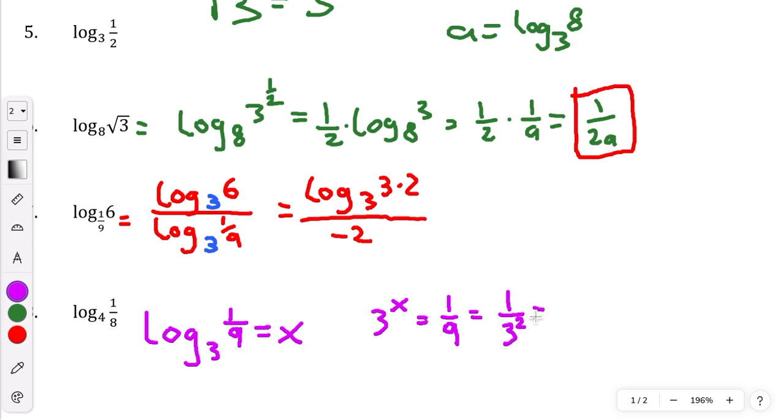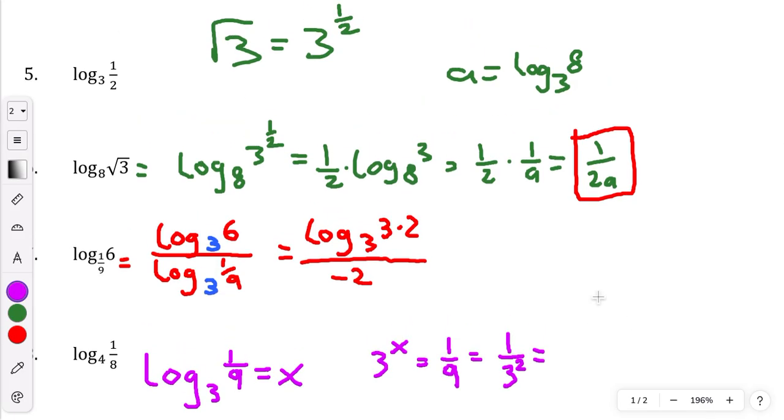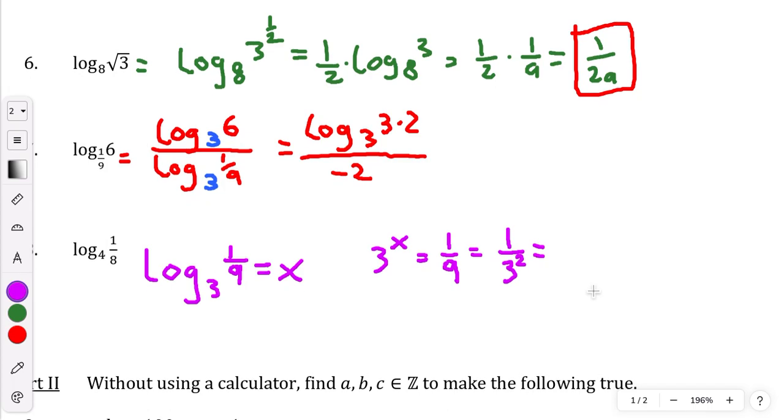But then, what about the 1 over? Other way. Oh, my apologies. So, isn't this then 3 to the -2? Because the negative exponent simply means 1 over.